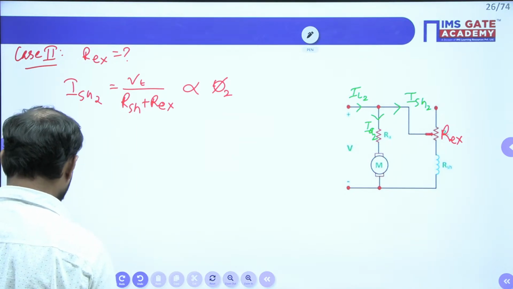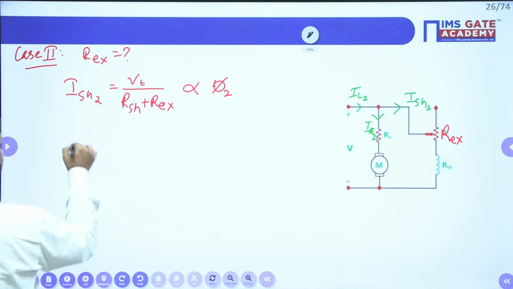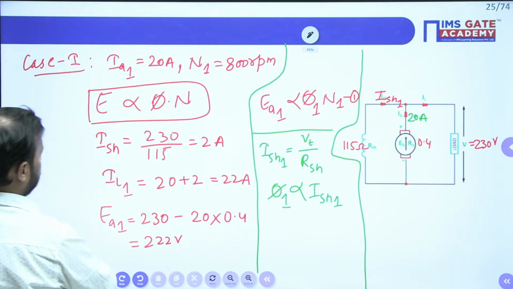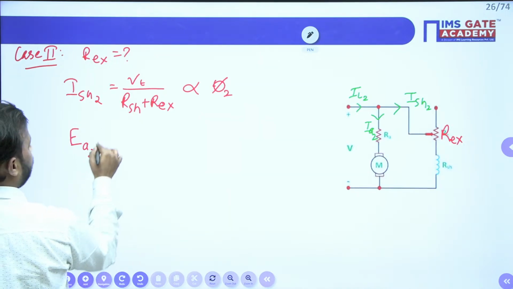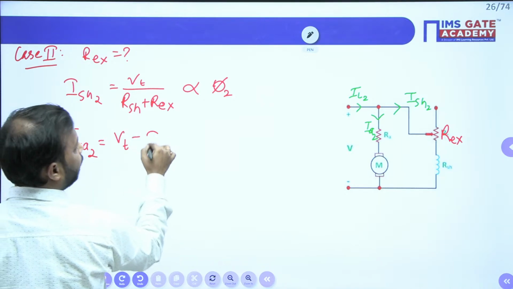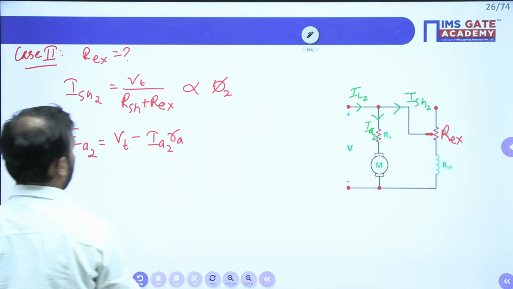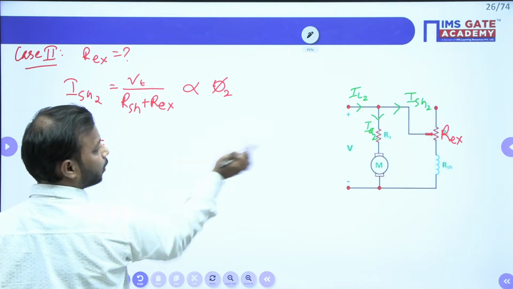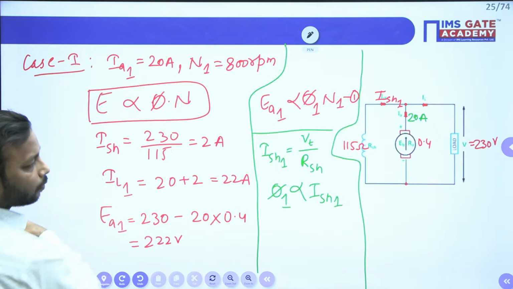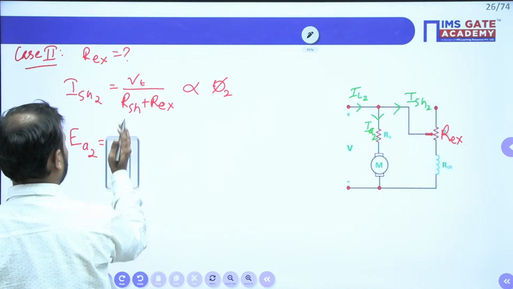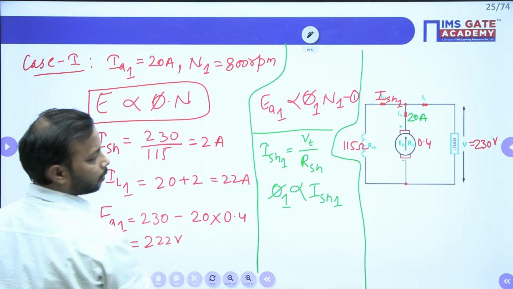Now next, let us find the EMF equation over here. EA2 will be equal to VT minus IA2 into RA. We have VT as 230, IA2 is unknown and RA is 0.4.